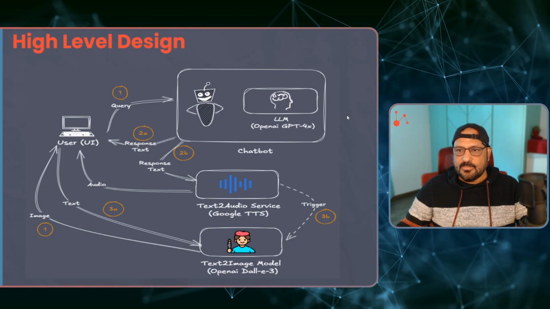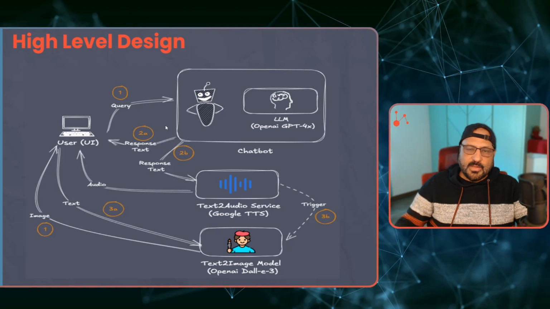The first one is our large language model from OpenAI, specifically GPT-4o Mini. Then we use a service to convert text into audio, for which we are using Google TTS. And third, we convert text into an image, generated based on the text, and for that we are using OpenAI DALL-E 3, right?